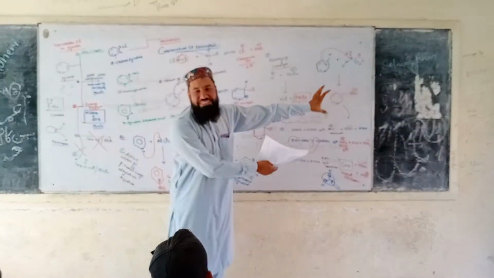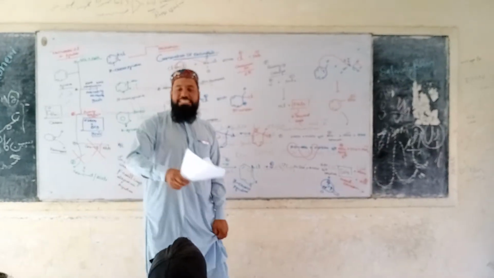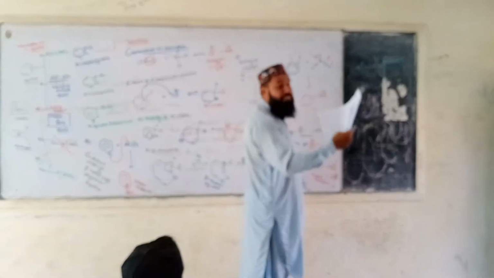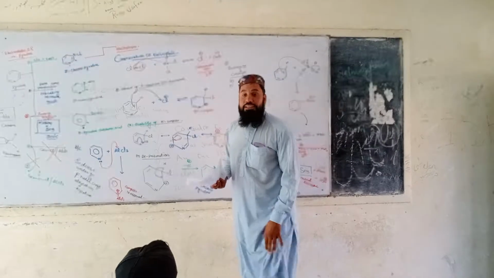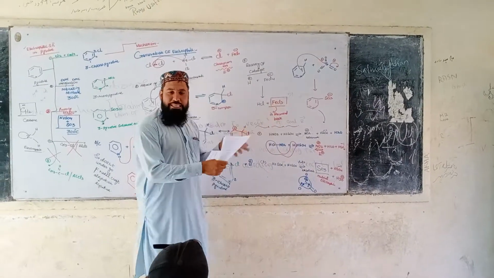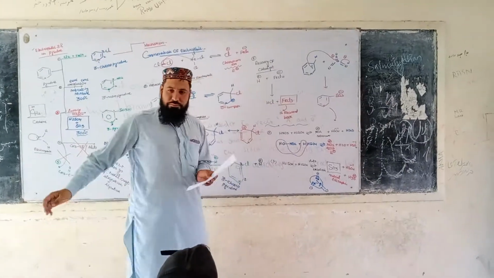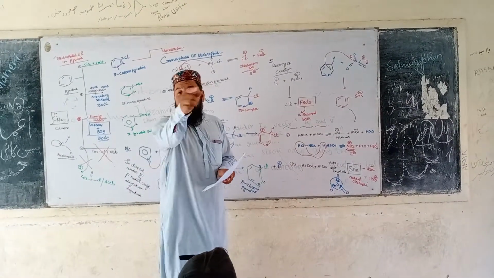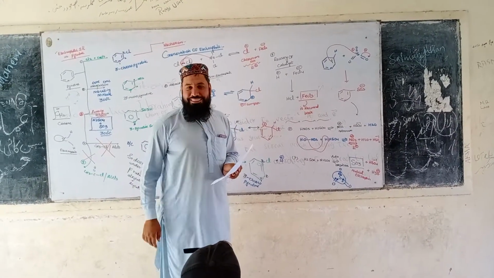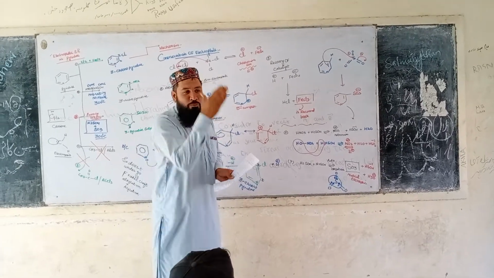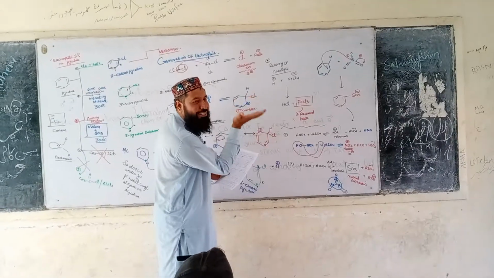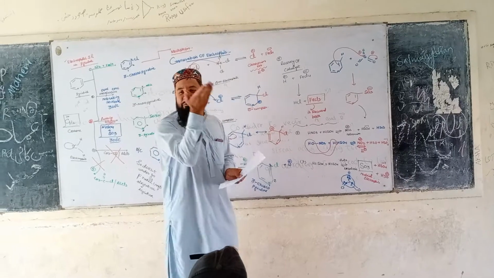That spectra gives us two kinds of information. In the spectra we get a peak. Where we got that peak, and what is the abundance, the height of that peak.